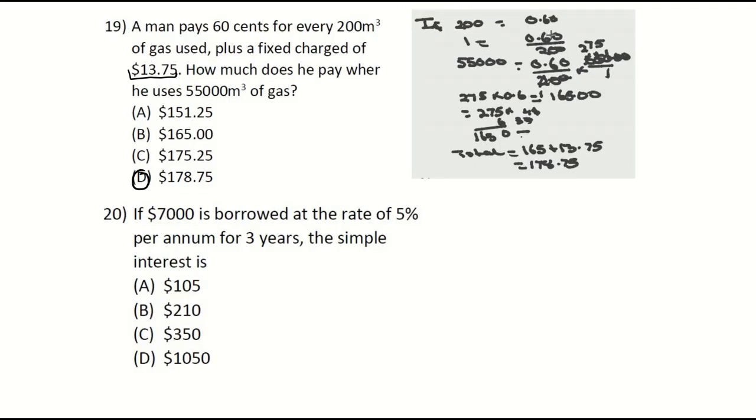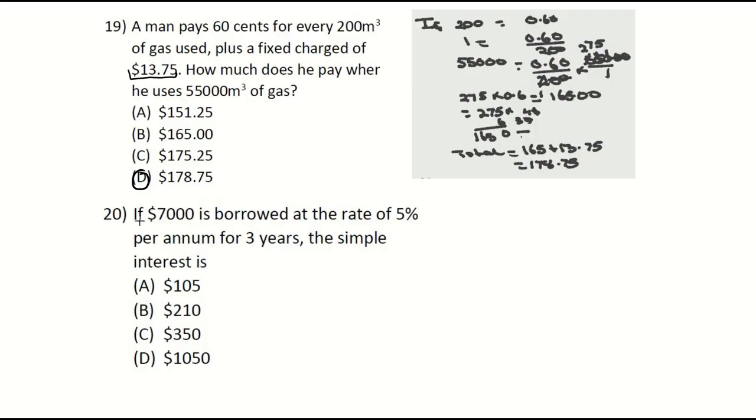If 200 is 60 cents, then 1 would have been 60 over 200, and 55,000 multiplied by that gives 165. The fixed amount would be this amount plus 1375, which is $178.75.